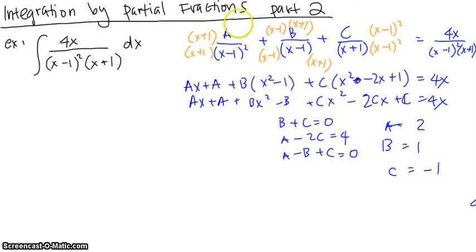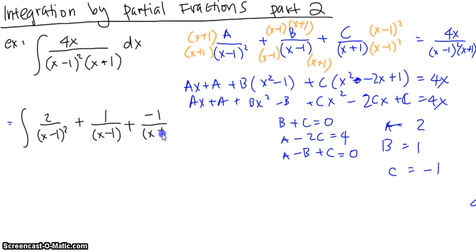Okay, so now if we go back up here, and we want to rewrite this fraction this way, this will all become A, so your 2 over x minus 1 squared, plus your B, which is 1 over x minus 1, plus your C, which is negative 1 over x plus 1.